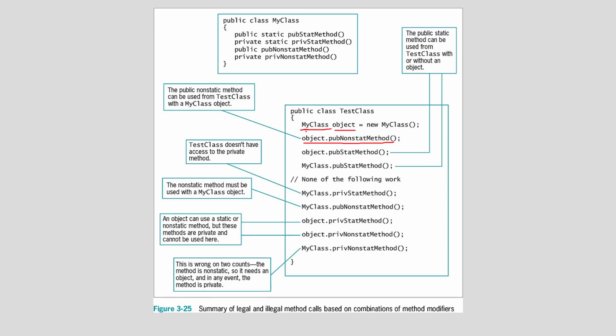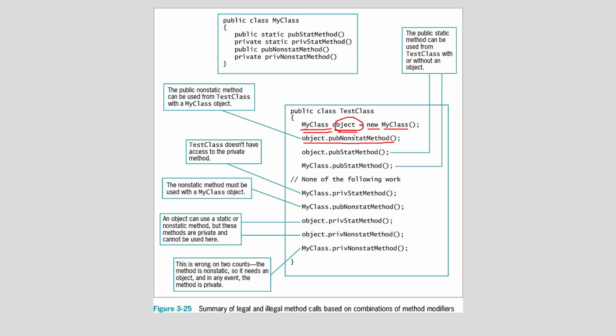Here, creating an object will be used in this way: the name of the class, the object name or the instance name, the assignment operator equals, and the new operator that is used for instantiation, which requests a memory address to be allocated for our object, and the name of our class with a pair of parentheses.